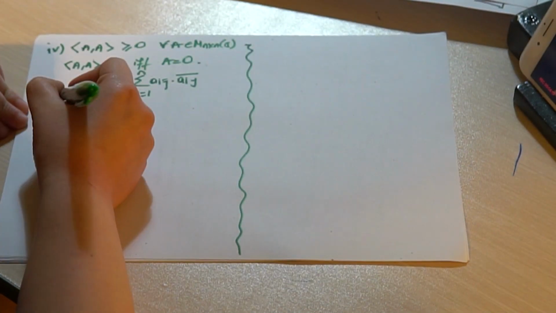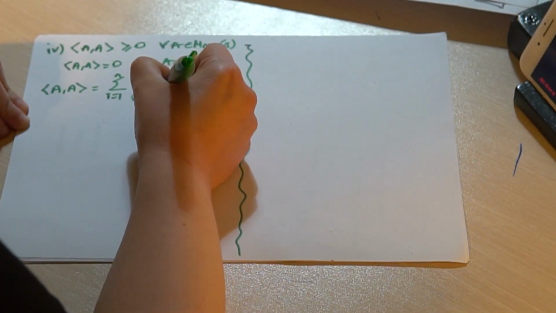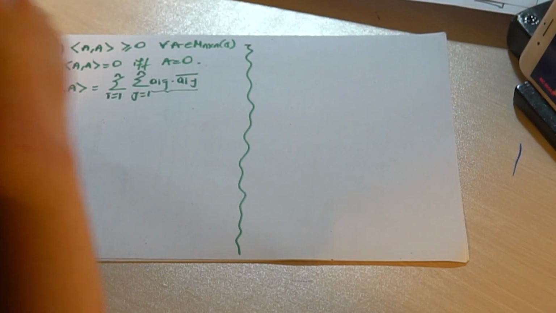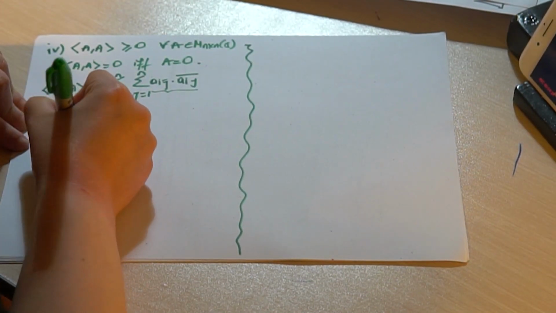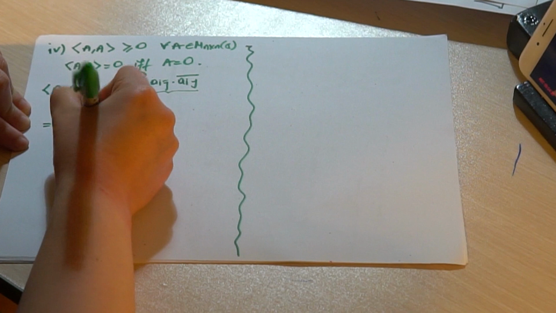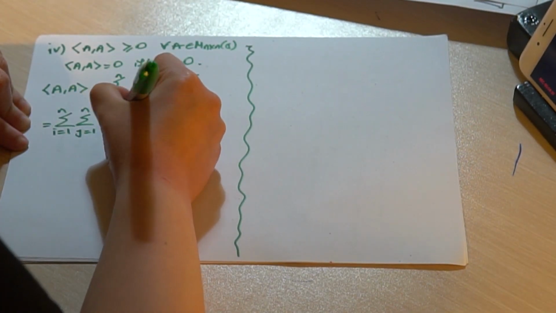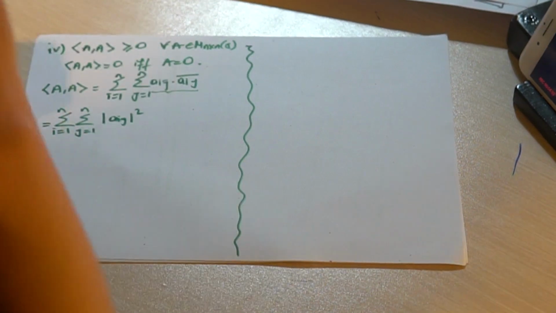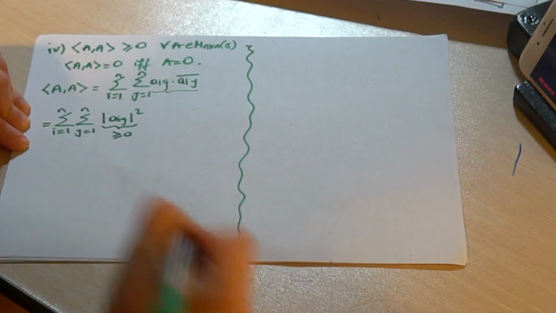Now, Aij times Aij conjugate is the square of the norm of Aij. Every Aij is a complex number, so the norm of Aij squared will be greater than or equal to 0.